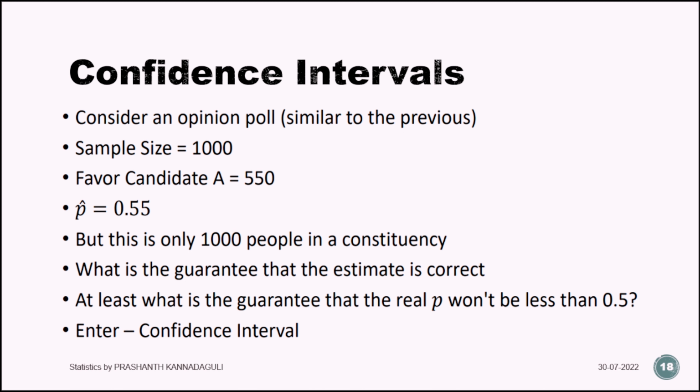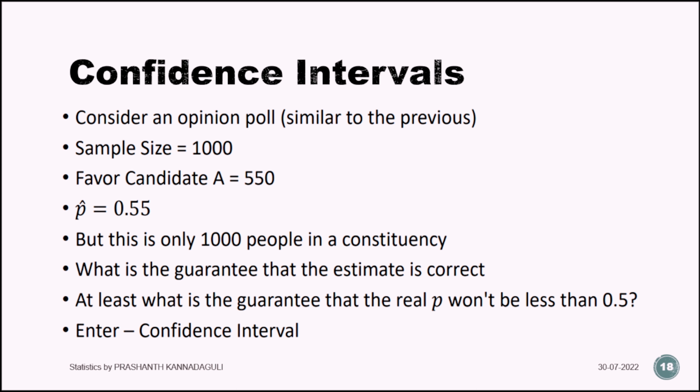At least, now you see the other point which I just mentioned. What is the guarantee that the real value of P won't be less than 0.5? What happens in that case? Whatever guess you may declare, that according to 1,000 people's opinion, A is the winner.